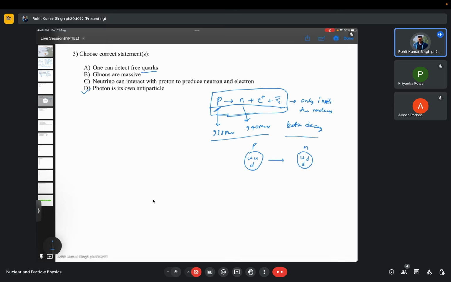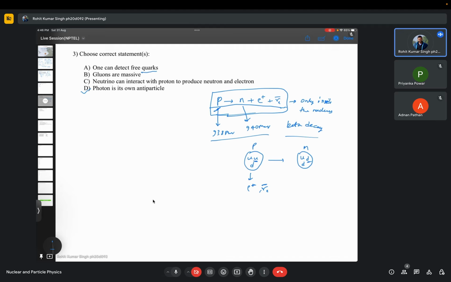So at the quark level, one up quark is getting converted to a down quark. And you also get an electron and antineutrino emitted. Also, positron, right? Sorry, in this case, positron.